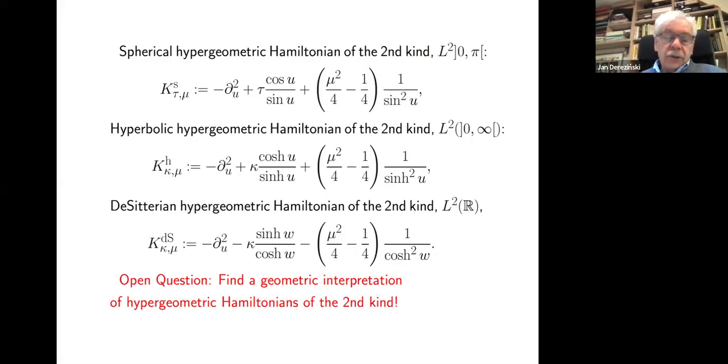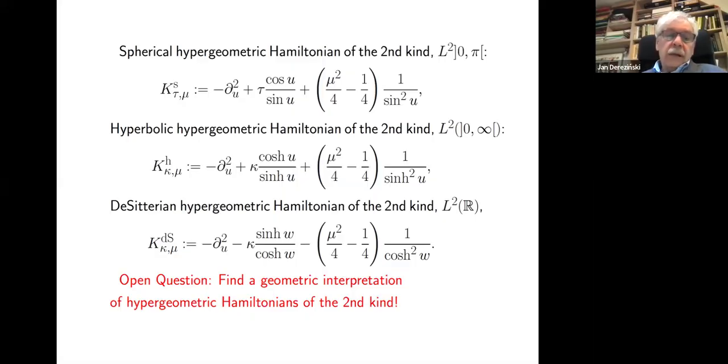As I mentioned, for the first kind, we have a very nice geometric interpretation. What I mean by a geometric interpretation is that these Hamiltonians should be derived by a separation of variables from an invariant differential operator on some symmetric space.